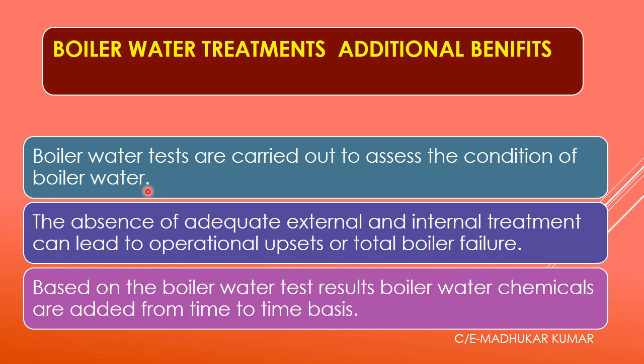This looks like a normal thing, but it is not normal. Why? Because this gives you the real picture of the boiler water. And mind you, if it is a medium pressure boiler, approximately in the range of 16 to 25 bar, then every day the testing is required, and the boiler water conditions are changing as per the requirement. So that is very necessary.